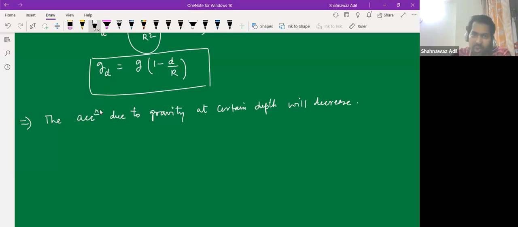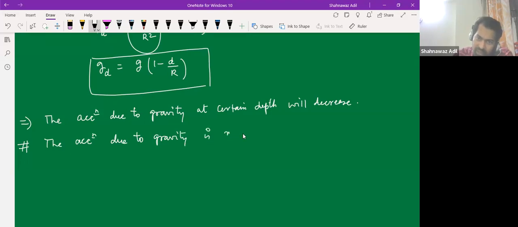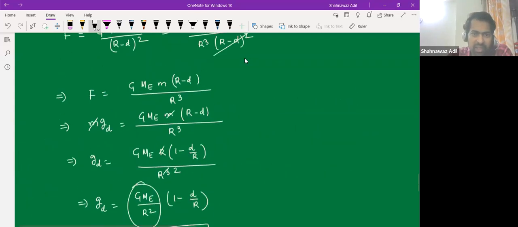Combining all these three, we see that the acceleration due to gravity is maximum at the surface. When we go above the surface and when we go beneath the surface, the acceleration will decrease. Any confusion up until now?